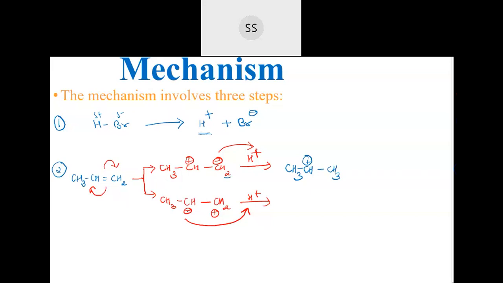On the other side, the negative carbon will take H plus, so you will get CH3. Already one hydrogen was there and you are adding one more, so it will be CH2, and then you have CH2 with a positive charge. So these are the compounds which are formed during the reaction.